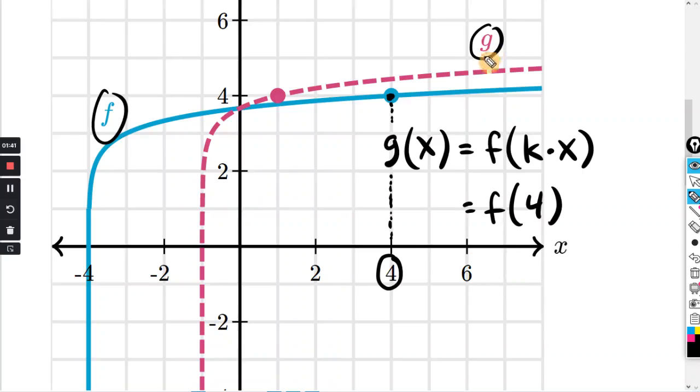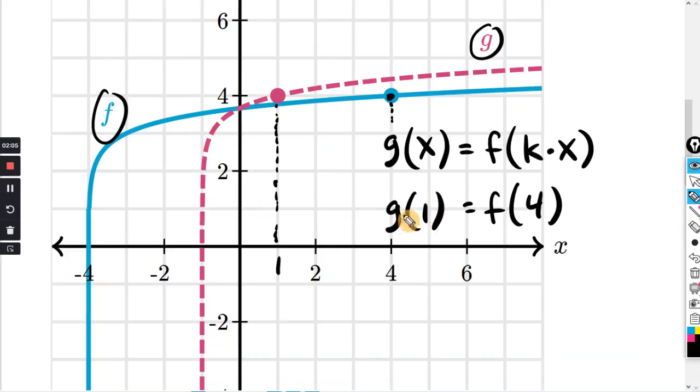And then on the g function, which is the one in pink, the x coordinate is just 1. So this point right here is g of 1. I'm going to write that underneath right here.